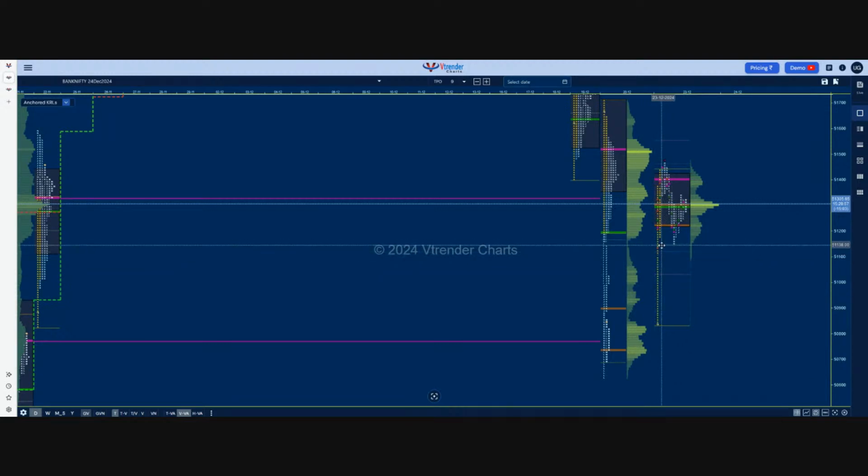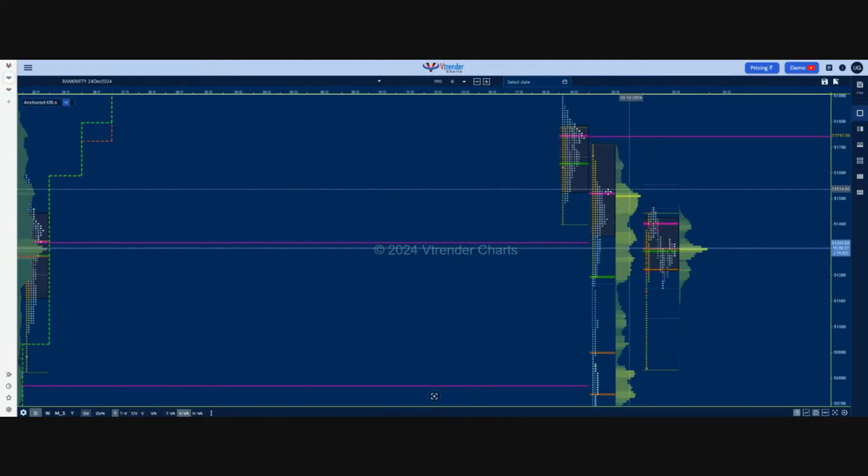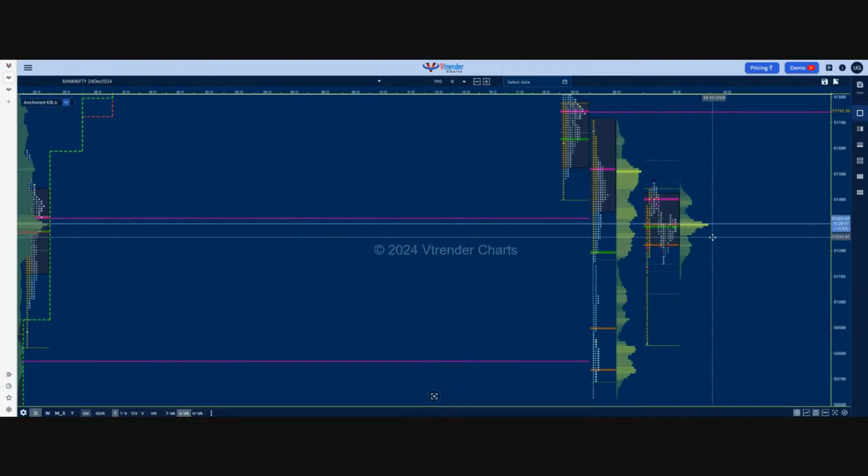And if we are able to sustain above this and this trend day VWAP, we are looking for a test of this POC, and what the order flow will show at this POC will tell us whether we are ready for this higher VPOC touch of 51749 for tomorrow's settlement, or whether we'll remain in a range, because Bank Nifty's spectrum is between 51,000 to 51,500.